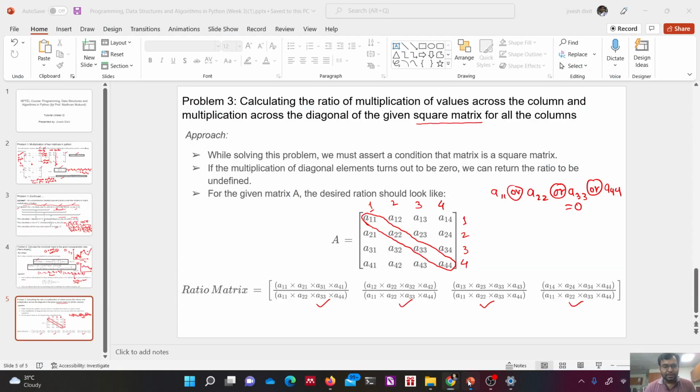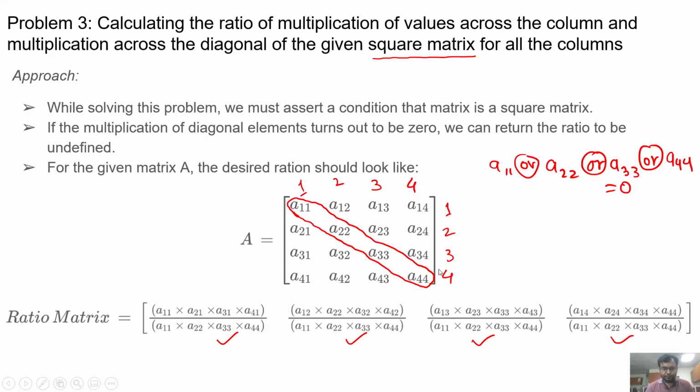So we can understand it here. Let us first try to understand it for column 1.